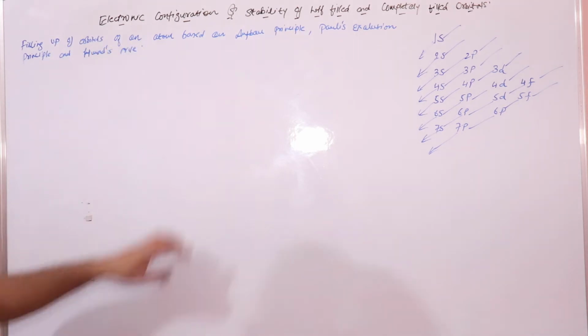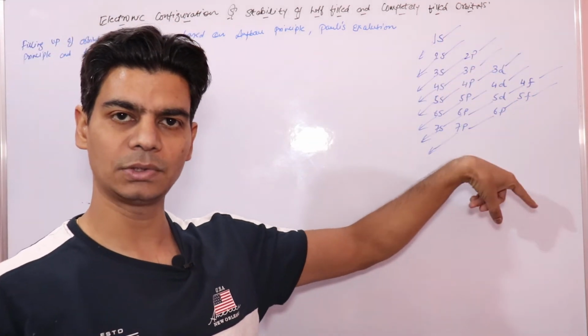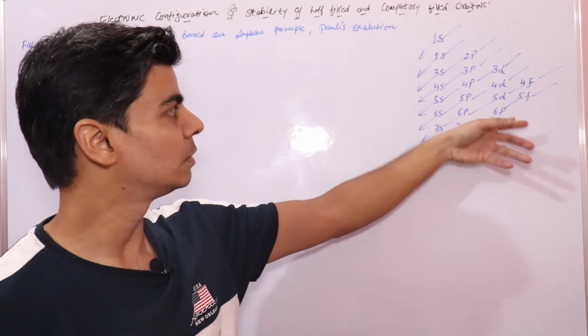The Aufbau principle tells us to follow this order to fill up orbitals with electrons.